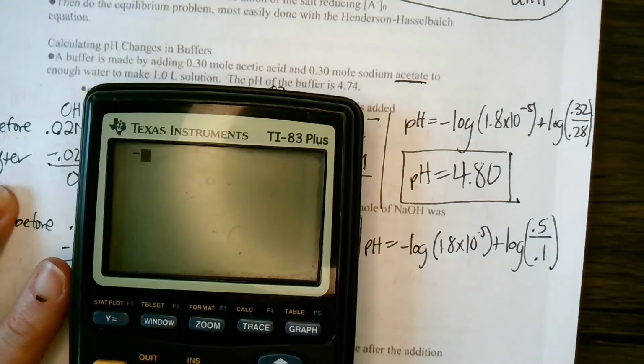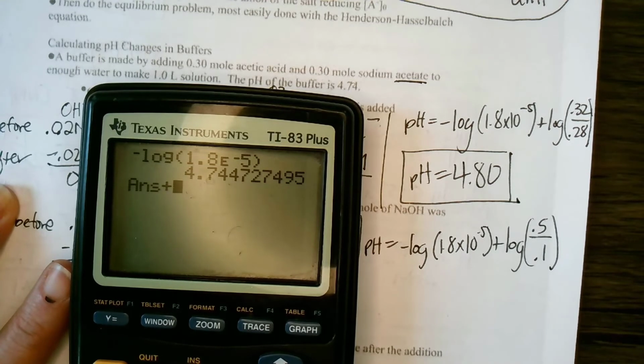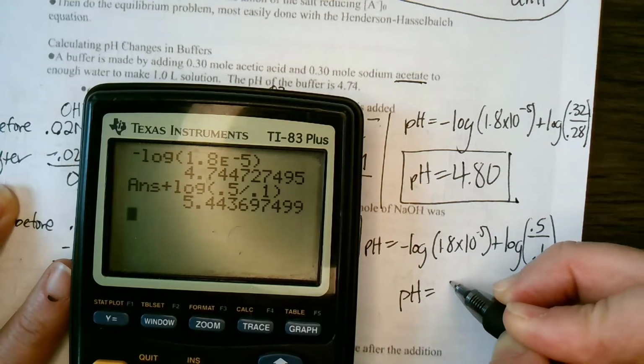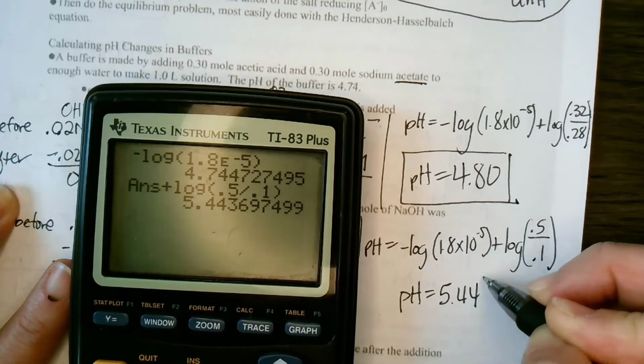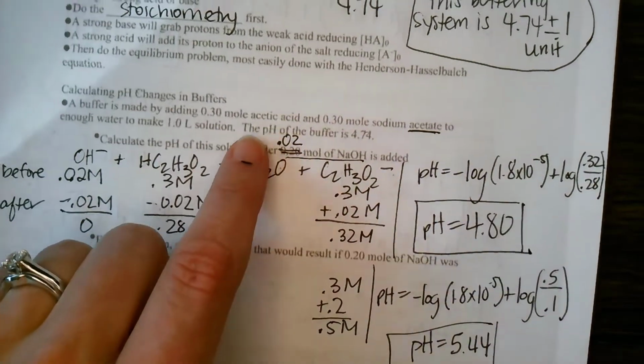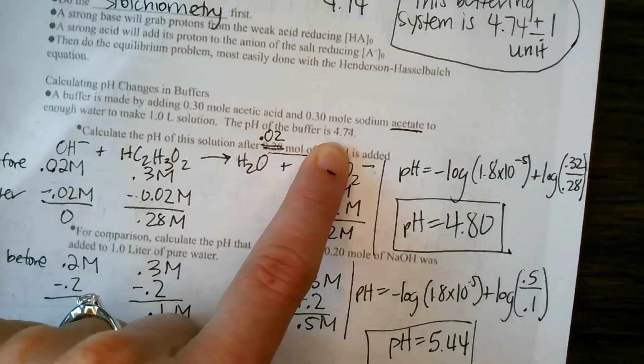The negative log of 1.8 times 10 to the negative 5th plus the log of 0.5 divided by 0.1. We get a pH value of 5.44 units.